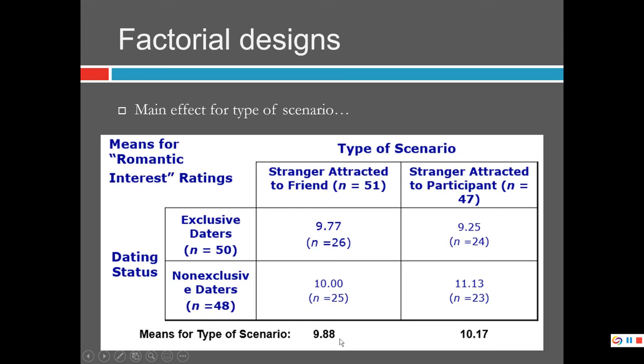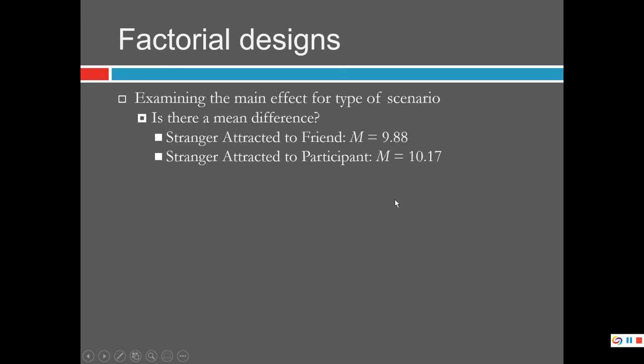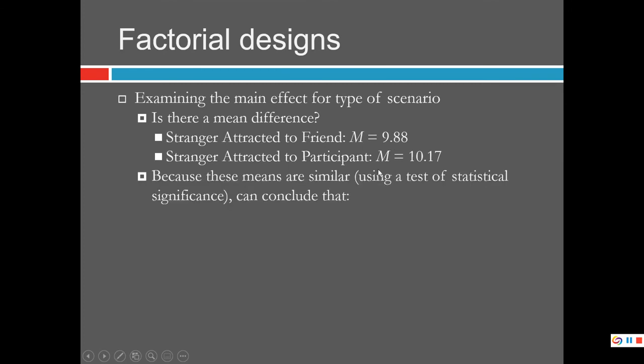So these ones, kind of hard to tell just by eyeballing these numbers, right? They're closer than the other ones. They're only separated by like 0.29 instead of a whole point on the scale here. If you refer back to this article, they didn't find that there was a difference here. This was a non-significant difference between these two.